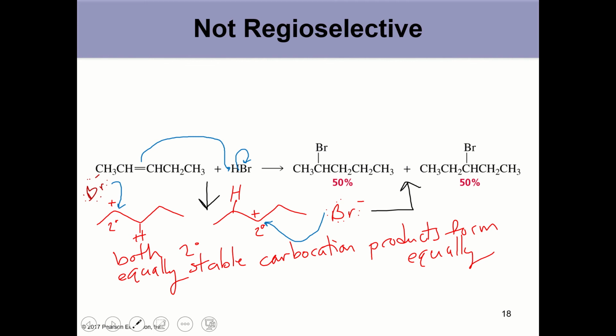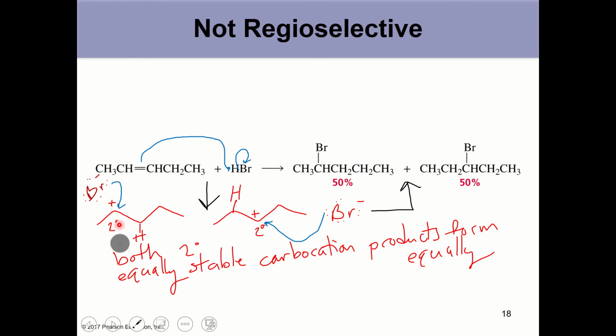But we also have reactions that are not regioselective. Here's an example of a reaction that is not regioselective. Both are formed in equal amounts because both of the carbons bonded at the pi bond have only two bonds to carbon. They're equivalent.